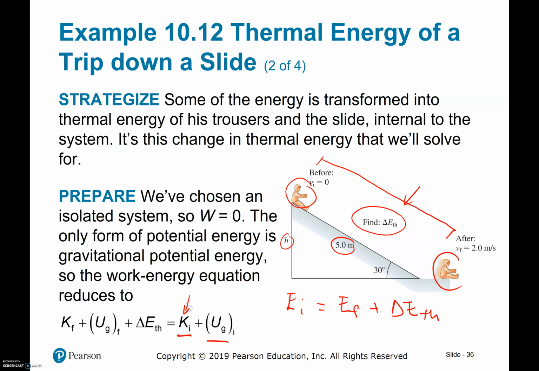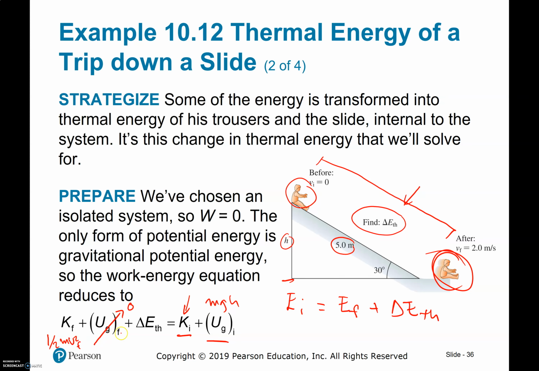It is the energy of motion, which is 0 because it's not moving, and the potential energy, which is mgh. That is equal to the final energy. What is that? That is 1/2 m v_f squared, the energy of motion, and then the potential energy, which is 0 because this is 0 right here.